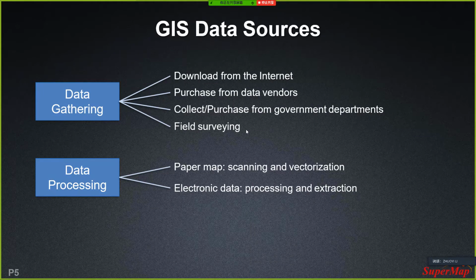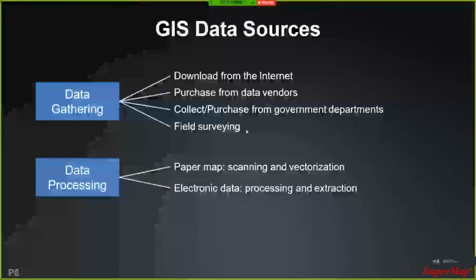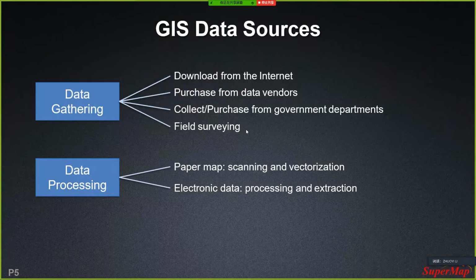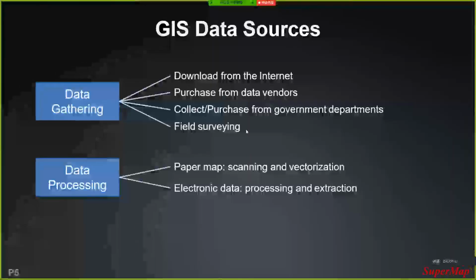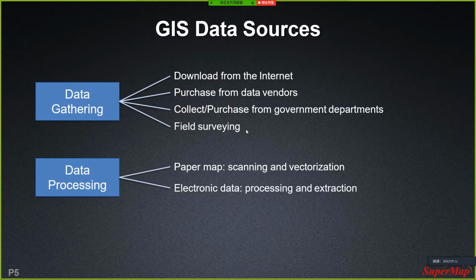So they are the GIS data sources. And that is how to obtain the data and process the data. For data gathering, we can download from the internet, or purchase from data vendors, and we can collect and purchase from government departments and field surveying.